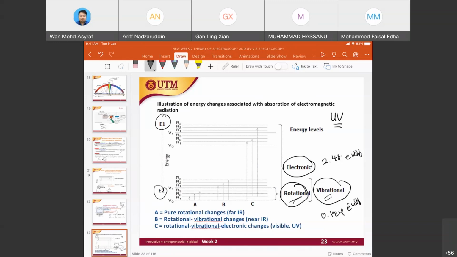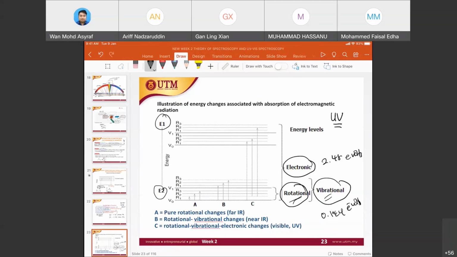So in that case, when we want to explain electronic transition, I straight away say the energy needed, compared with rotational and vibrational transition, and you give an example.